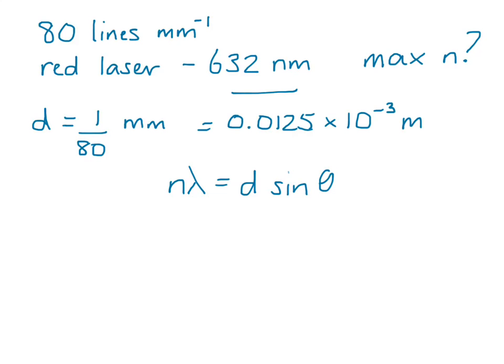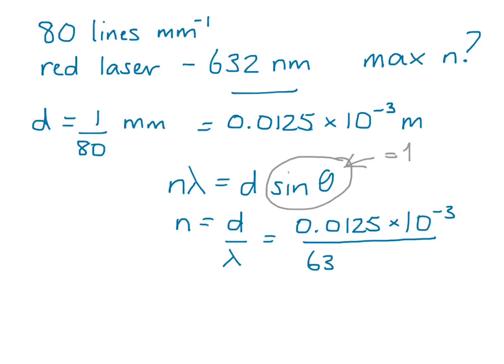So here's our equation, n lambda is d sine theta. And we put in the limiting case of theta is 90 degrees, meaning sine theta is 1. So rearrange, we get n is d over lambda. Put in the numbers, all in metres, so not forgetting to convert nanometres to 10 to the minus 9 metres.